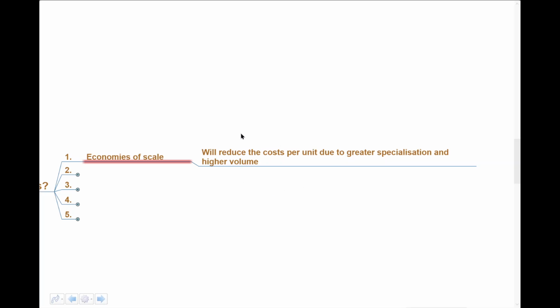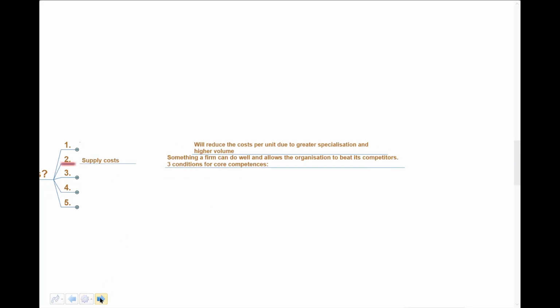Well, we mean the ability to reduce costs, in particular fixed costs per unit, with either greater specialization, but generally higher volumes. So, put simply, the more we produce, the bigger we are, the more we're spreading our fixed costs, and indeed all our costs, over more units. That's an advantage for business, and this is a way to be more efficient cost-wise.